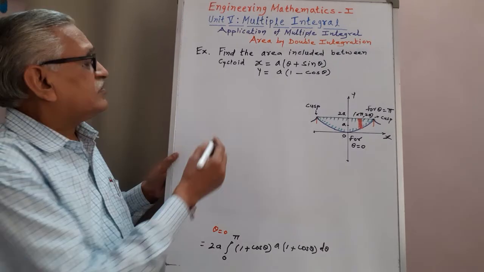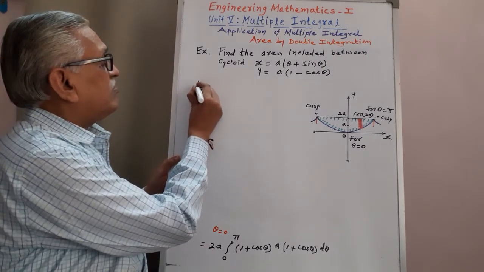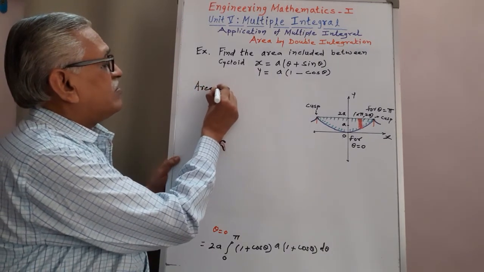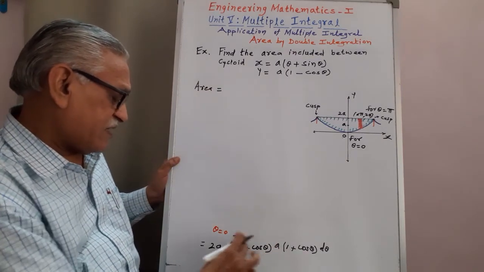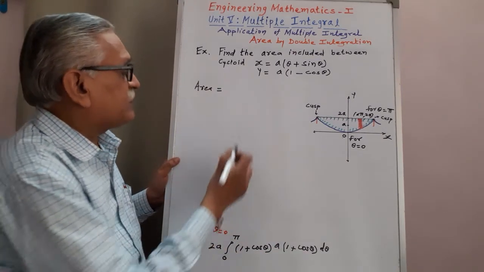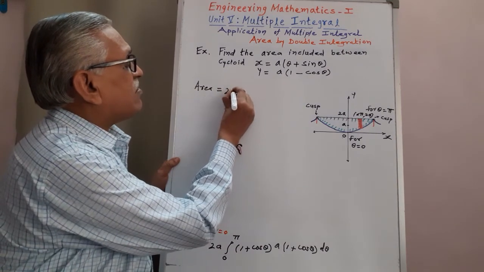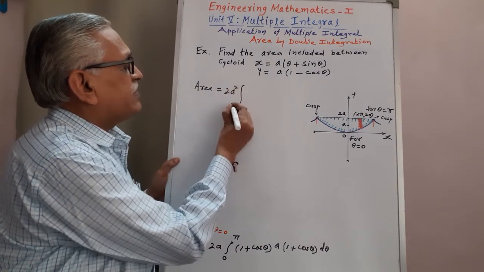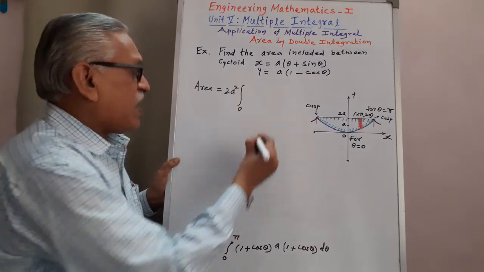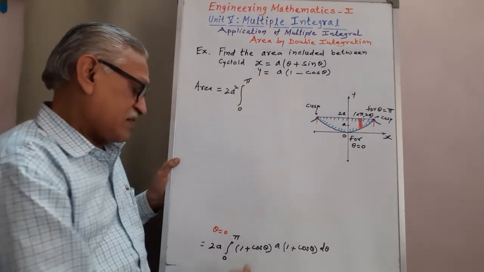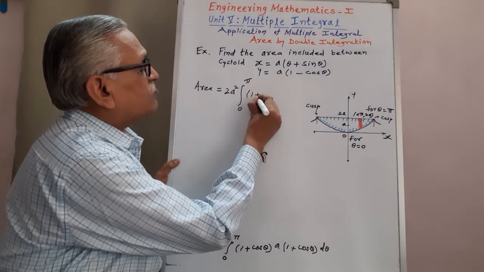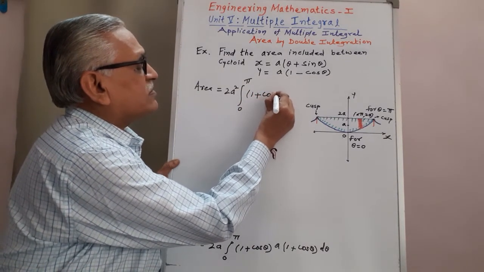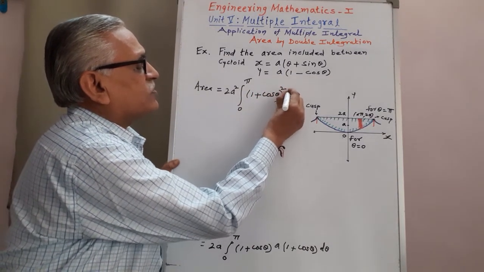Rewriting it, we can take a outside the integral sign, therefore it is 2a square integral from 0 to pi of (1 plus cos theta) into (1 plus cos theta). We get (1 plus cos theta) squared with respect to theta.